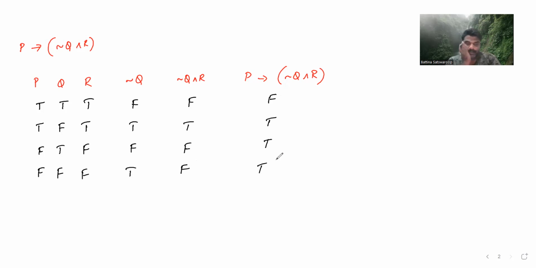Now I have to find an option which will satisfy this condition. Correct, sir? Yes, sir. Right. So take negation of P now. Or we will take the first option. What is the first option?